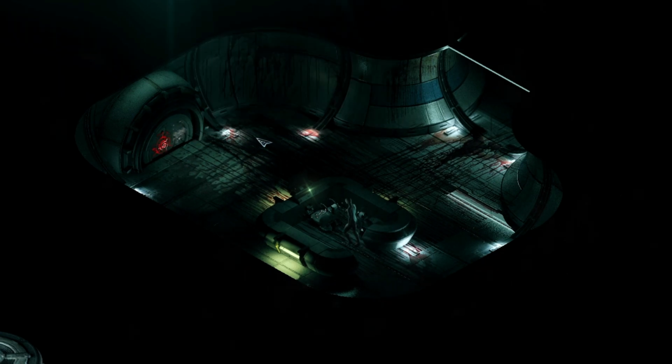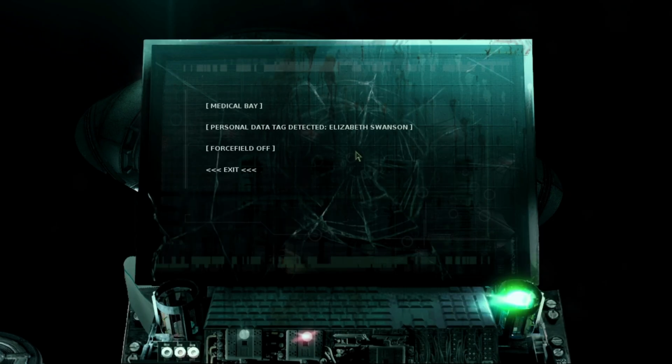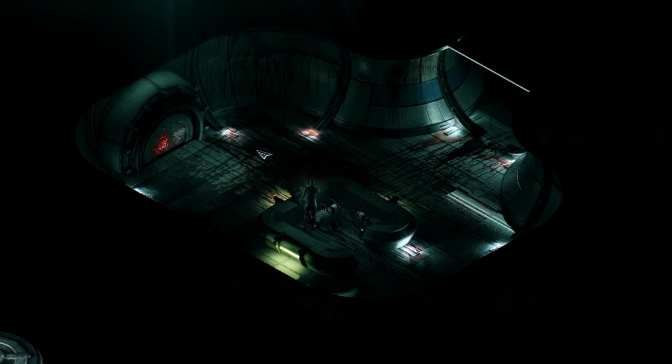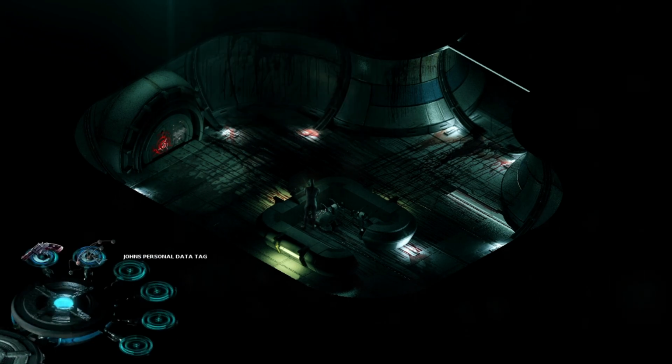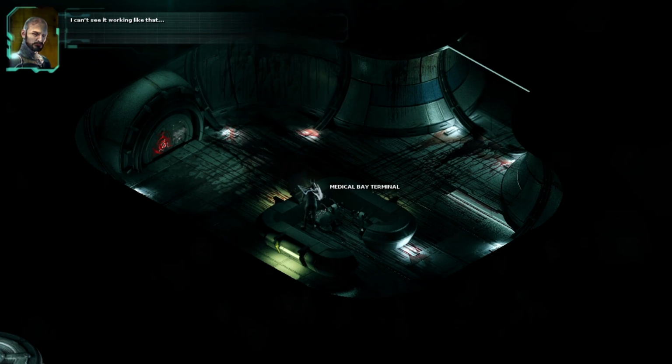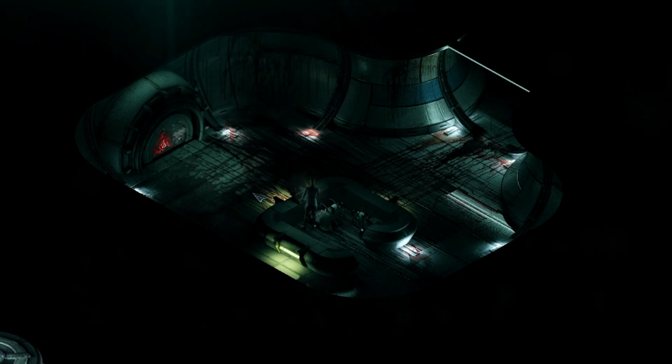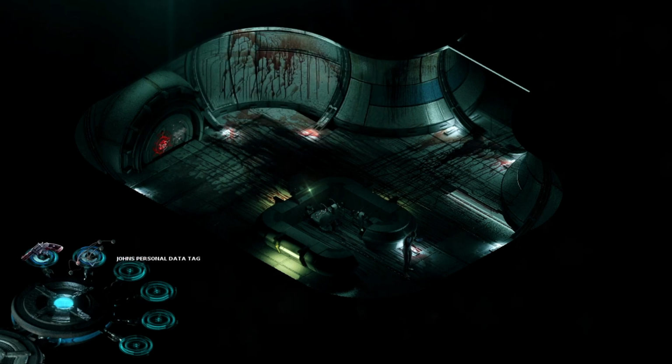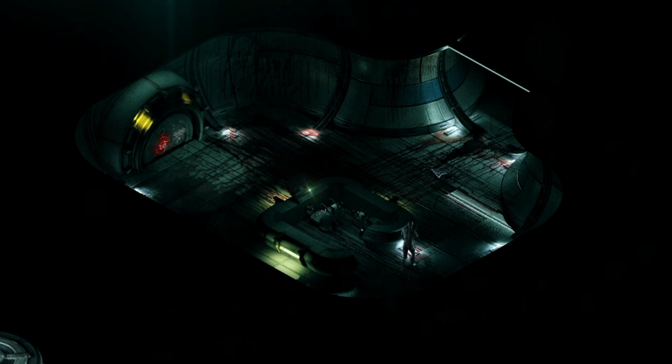So how am I going to deal with this? Out of curiosity, am I allowed to just... I can't see it working like that. No, that makes sense. Shoot. How do I actually get into medical? Also, isn't it kind of counterproductive to be carrying this thing around?